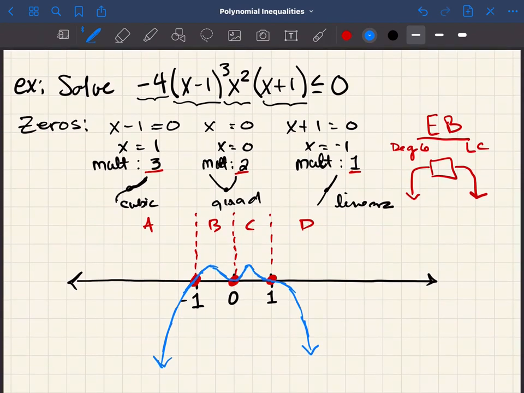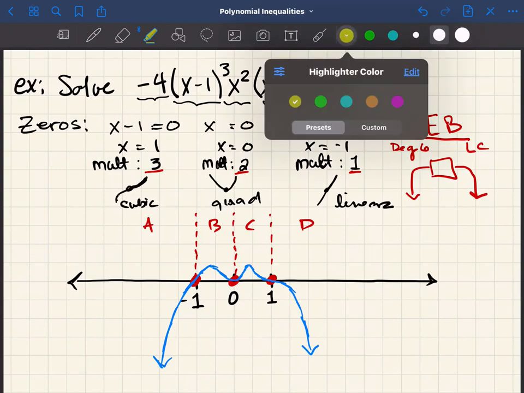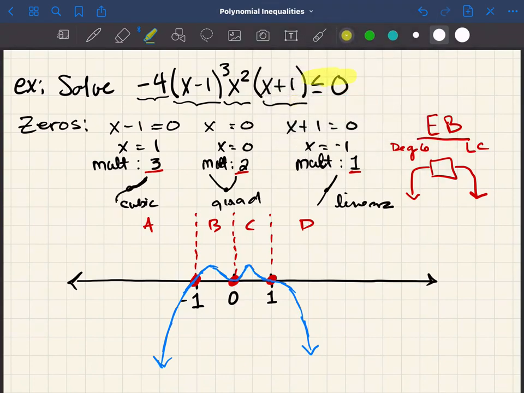All right, now looking at which sections are going to satisfy, we're looking for values of our graph, or our y values, that are going to be below the x-axis where it's less than or equal to 0. So I'm equal to 0 at my zeros, and I'm less than 0 here, and I'm less than 0 here.